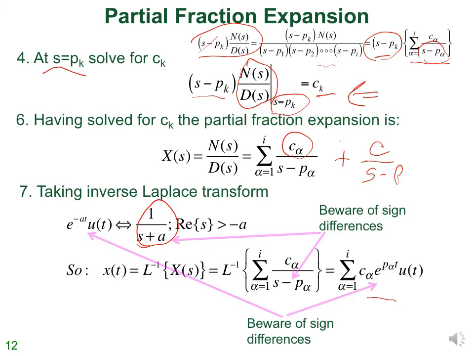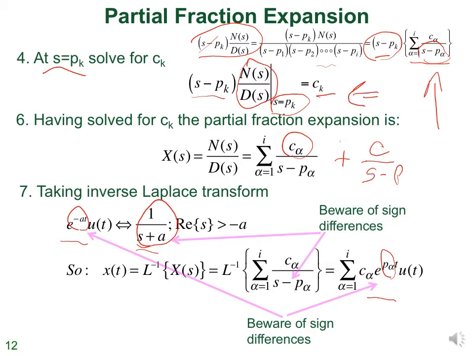Be careful of the sign differences here. We use the negative term in our definition for the partial fraction expansion, but the definition of the terms for the Laplace transform is different. So instead of e to the minus a t for each of these, I have e to the plus, since I flipped the sign in the partial fraction expansion.